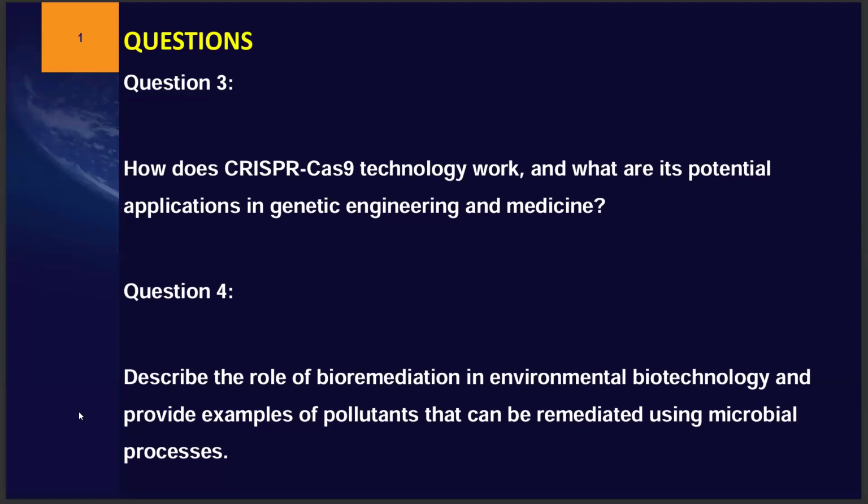Let's look at it in terms of how you can remediate polluted water. What do you do to remove pollutants from water? Or let's look at it in terms of bacteria and fungi.